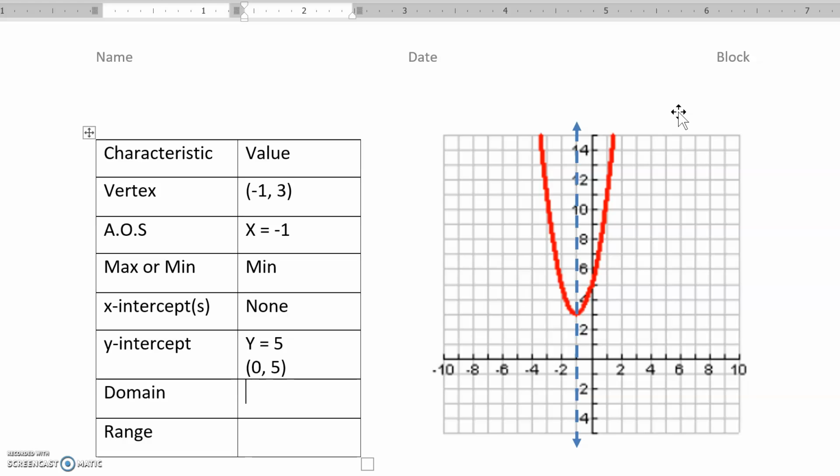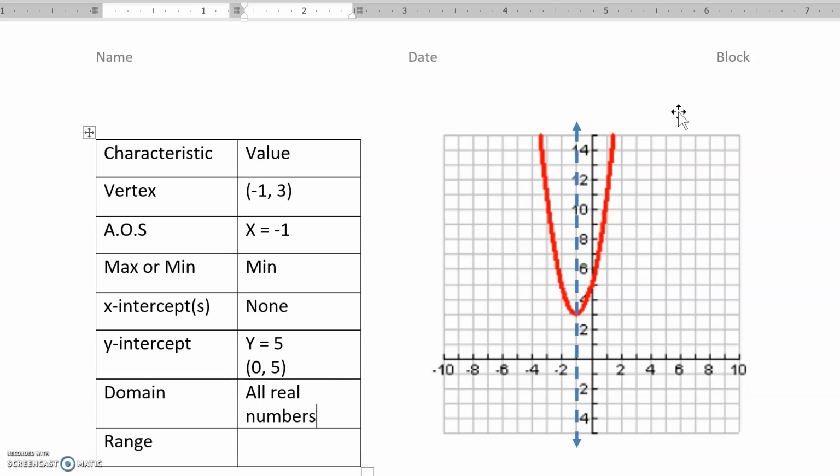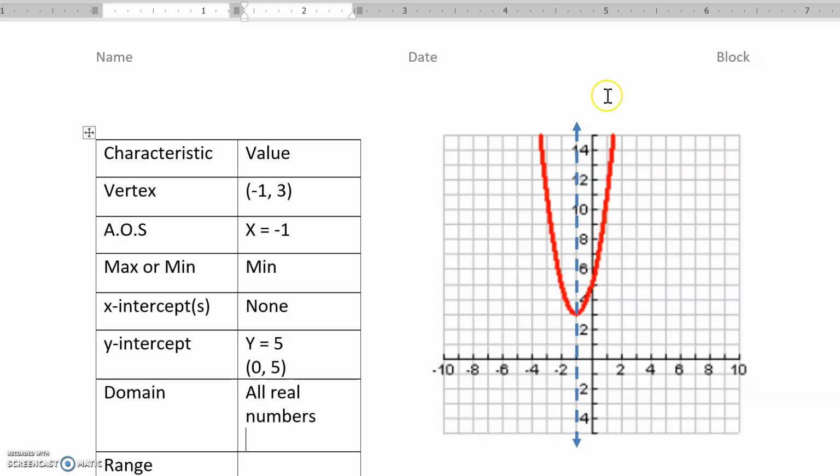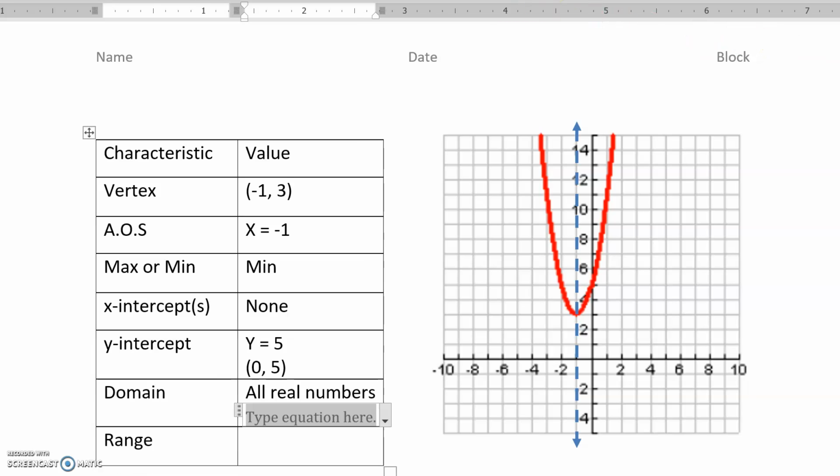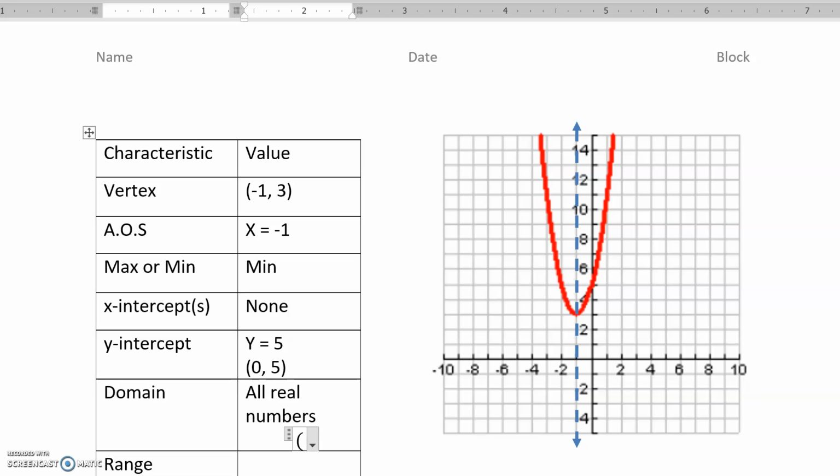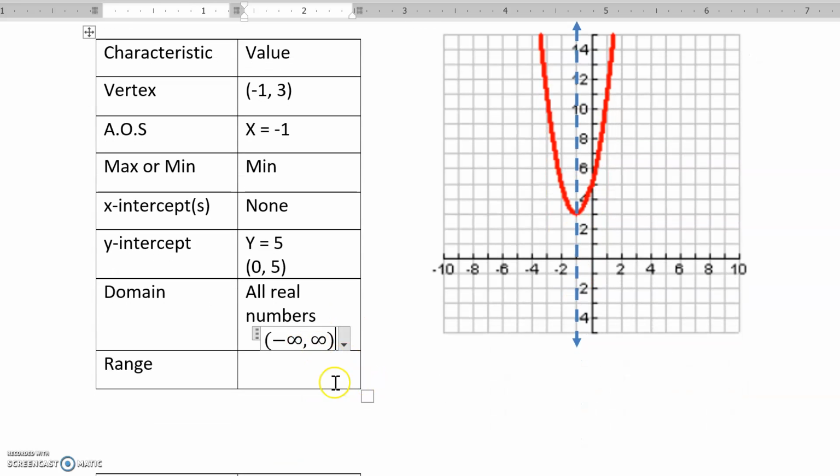So all the numbers, so you can say all real numbers, or you can make it mathy and go insert symbols, equation, negative infinity to positive infinity. And this is called interval notation when it kind of looks like an ordered pair, but it represents something else. So you can write it either one of those ways.